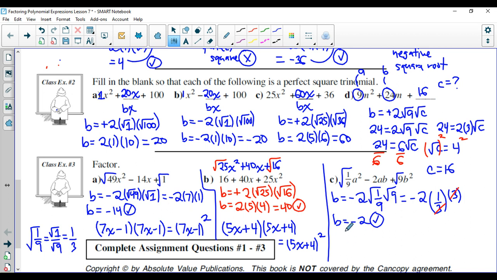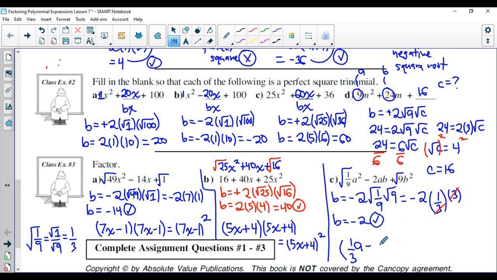Okay, and then finally, to now write down the factor. The first number is going to be the square root of the first term. So the square root of 1 over 9 is 1 over 3. And then we write down the variable, which is a. Now, the sign in front of the b is a negative, so you write down negative here.